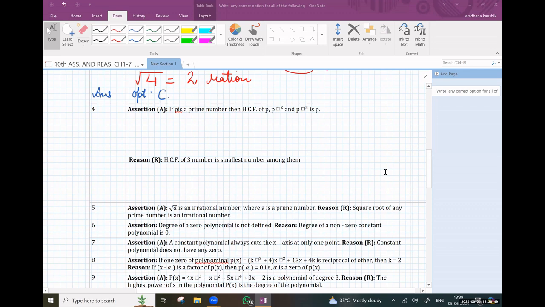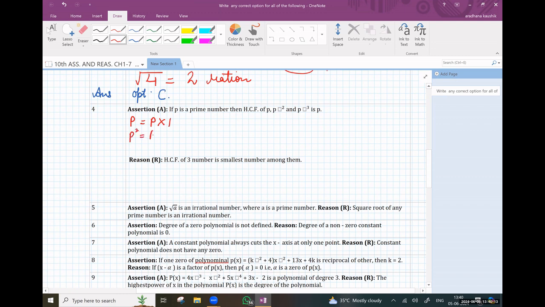Question 4. If P is a prime number, then HCF of P, P square and P cube is P. So let's check it. P is a prime number and there are three numbers. The factor of P will be P into 1 because P is prime.